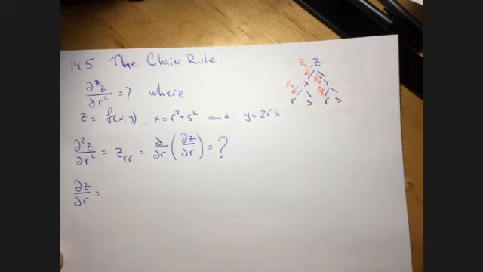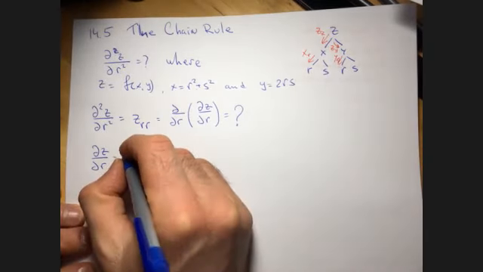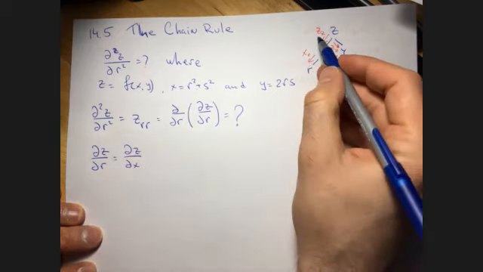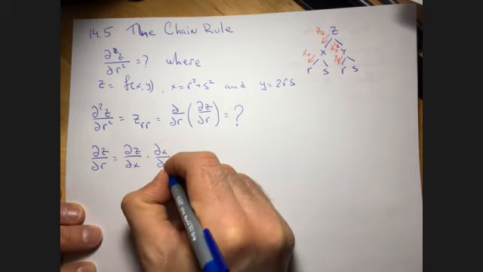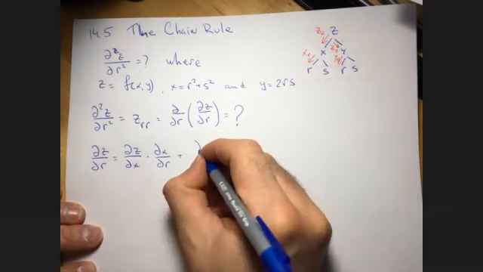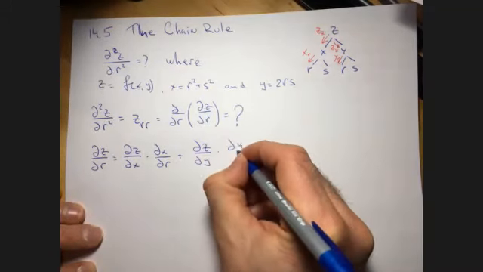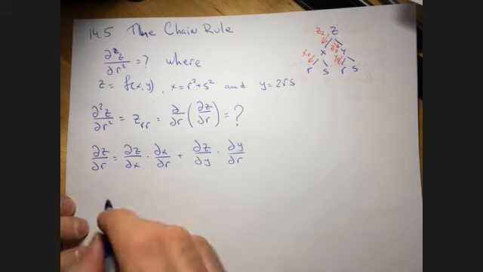As you can see, I always interchange between these notations so we can get used to both of them. So by the chain rule, this is partial z partial x times partial x partial r plus partial z partial y times partial y partial r. So far nothing new.